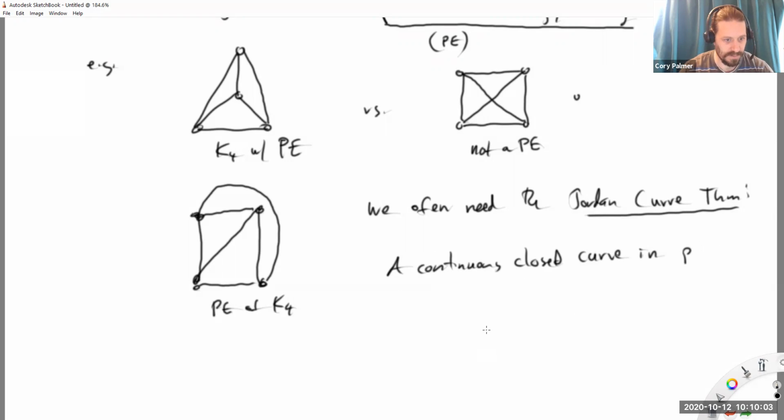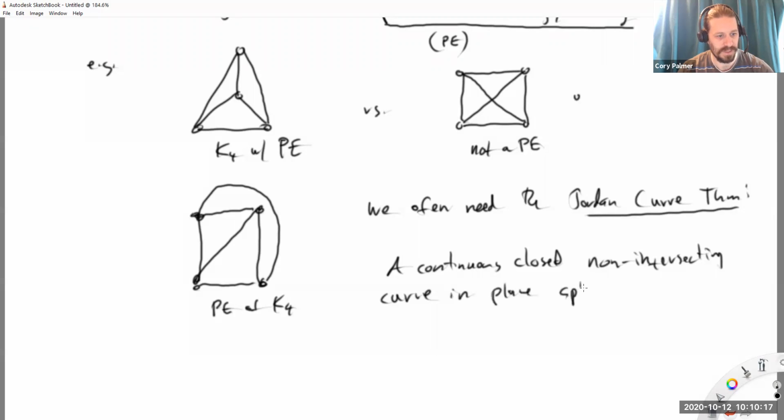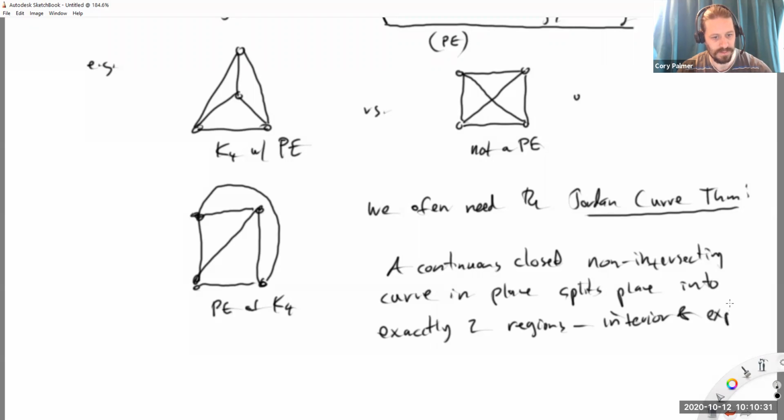Oh, we should say non-intersecting, so it doesn't go back on itself. A non-intersecting closed curve in the plane splits the plane into exactly two regions, the interior, we'll call it, and the exterior.